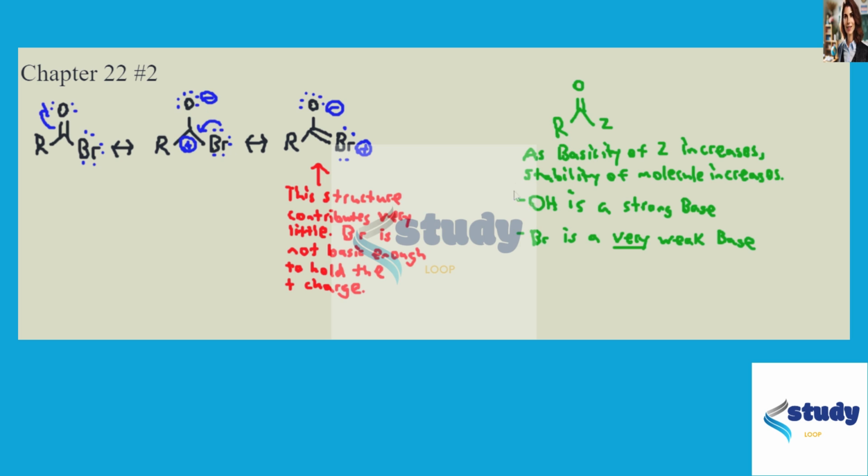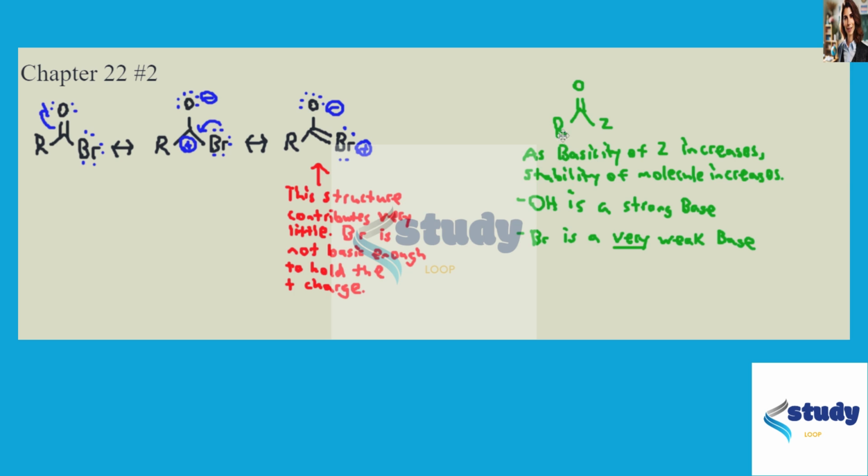So HBr, hydrobromic acid, is a very strong acid, and so we expect bromine to be a very weak base. And that's what we see here. Bromine is not very basic, so it can't really stabilize the structure as it's drawn for the third resonance structure. That resonance structure contributes very little to this overall molecule.